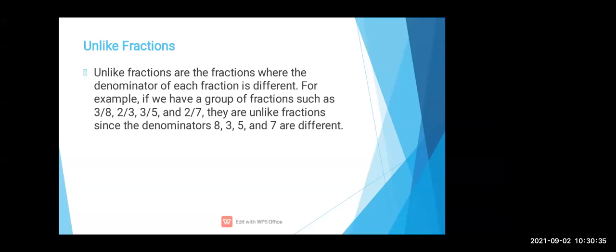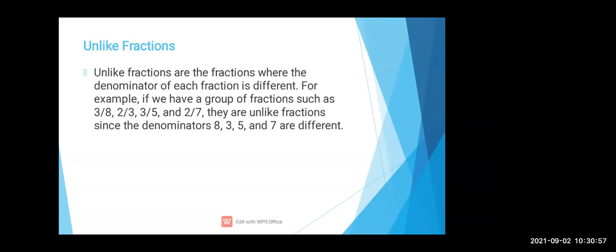So whenever there is a group of fractions where the denominators are same, they are like fractions. Whenever there is a group of fractions where the denominators are different, they are called as unlike fractions. So this is the difference between like fraction and unlike fraction.